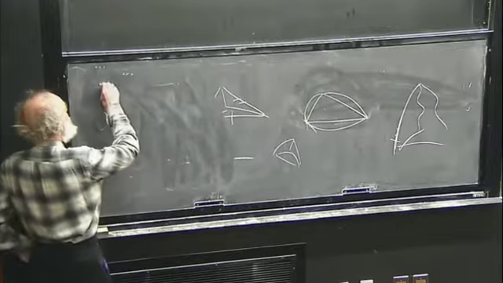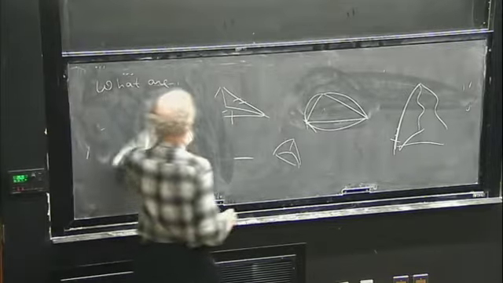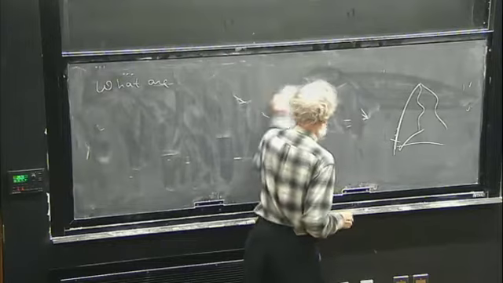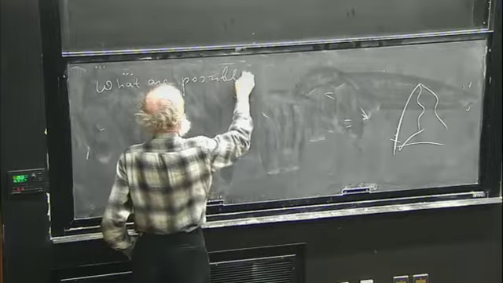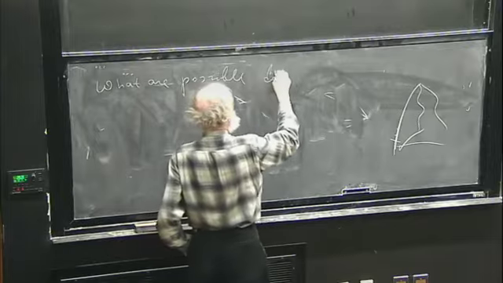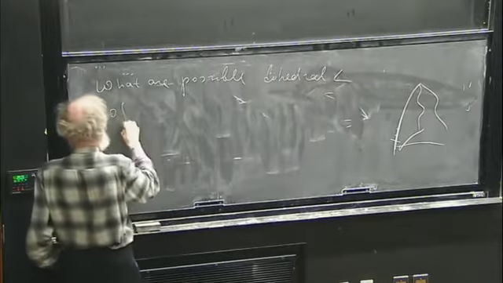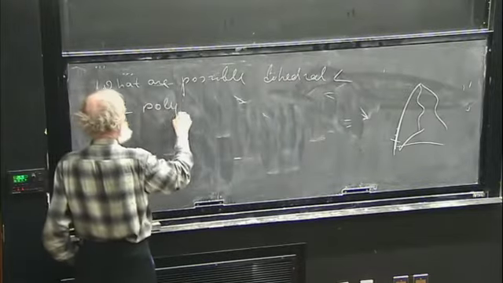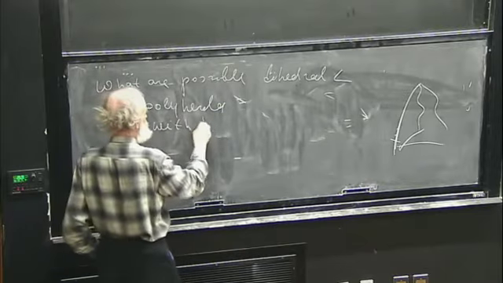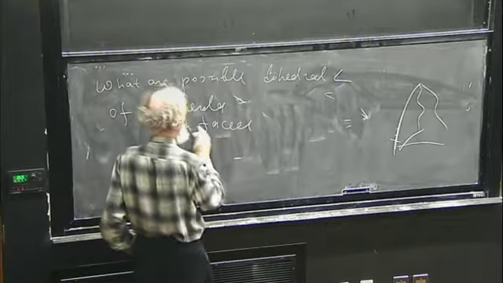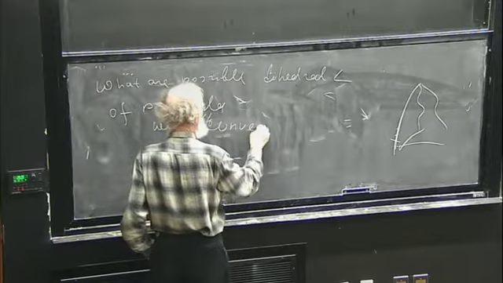So the question is, what are possible the dihedral angles of polyhedra with faces of positive mean curvature? We say convex, yeah, easier to say convex in general sense.